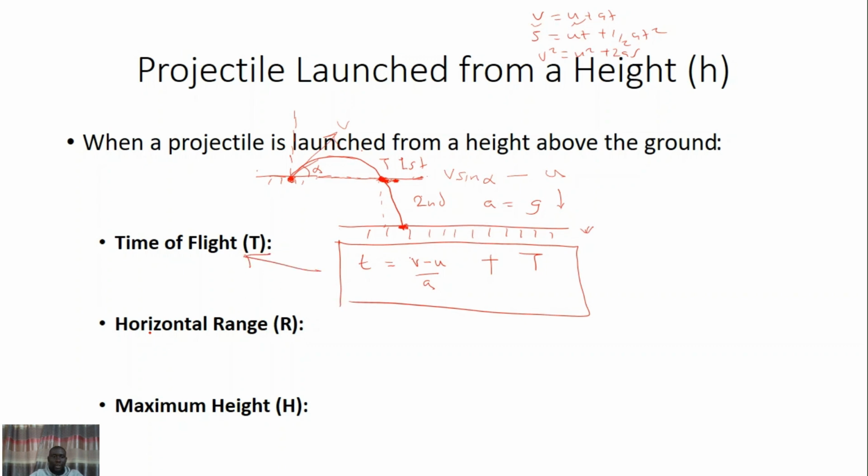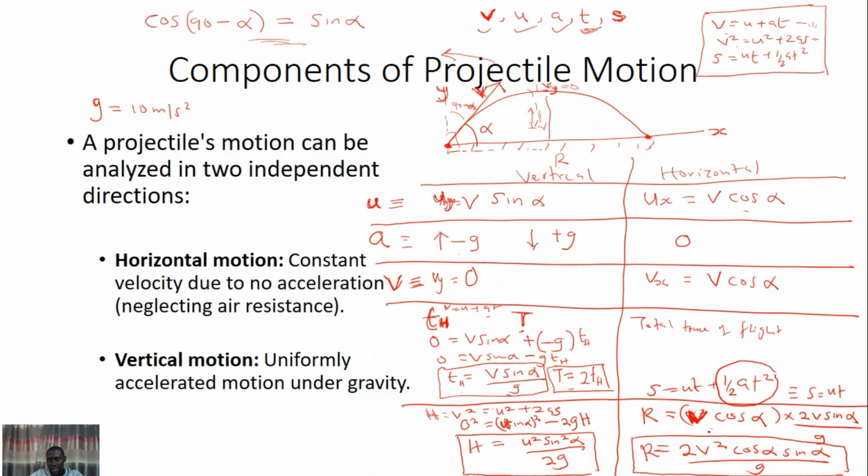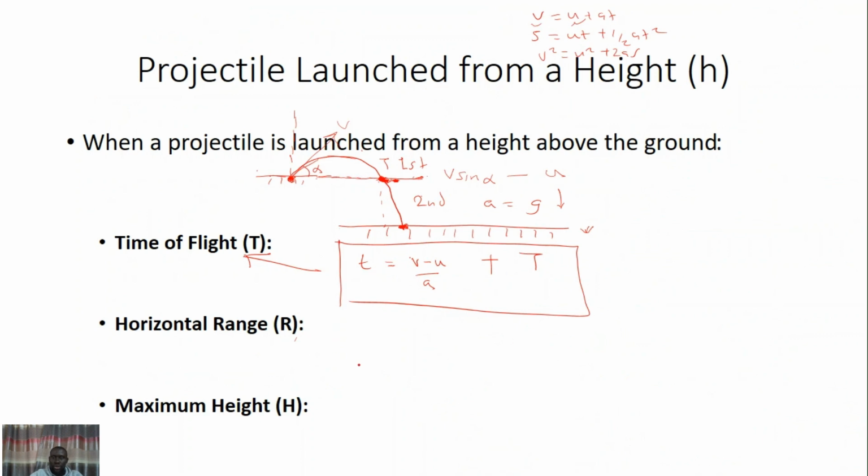Now the horizontal range it travels will be given by the same formula that we used in the earlier part. What you just need to take note of is the t that you will use here. Let me write it for you.